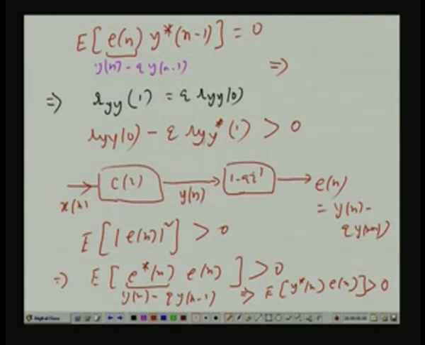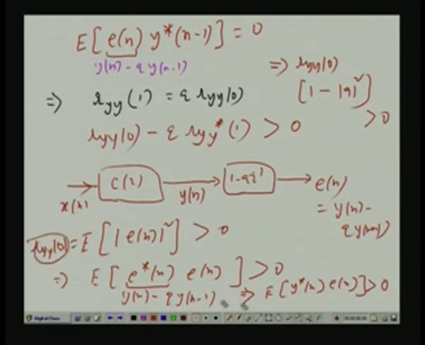So, if you bring that here, what do you get? R y y 0 into within bracket 1 minus mod q square. This is greater than 0. Now, R y y 0 cannot be 0, because y n cannot be a zero random variable. What is y n after all? Y n is a linear combination of the past values of x, I mean x n and so p minus 1 past values.